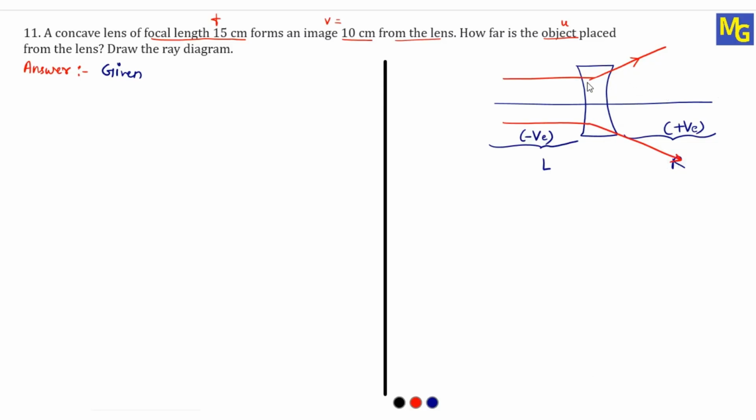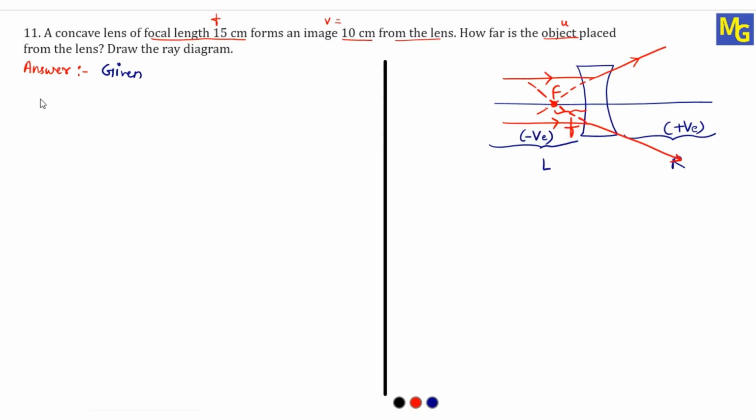If I extend the refracted rays on the same side of the lens, they will appear to meet here, on the same side from where the rays are coming. I hope you are understanding. After refraction, the rays of light appear to meet on the same side. If this is the principal focus, then this distance is called the focal length, that is small f. And this is also on the same side. Therefore, focal length in case of a concave lens will be negative.